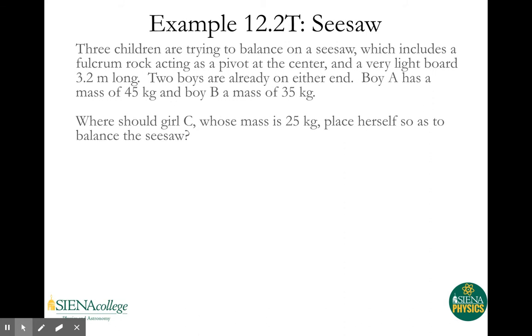Two boys are already on either end. Boy A has a mass of 45 kilograms, and B has a mass of 35. Then we're going to add a third child, a girl, who has a mass of 25 kilograms. And the question is, where should the girl sit to keep the seesaw balanced?